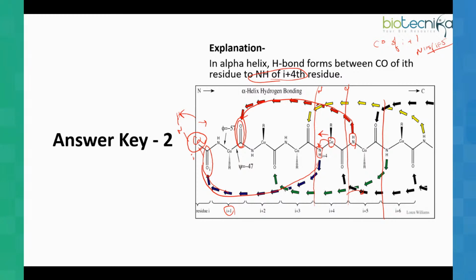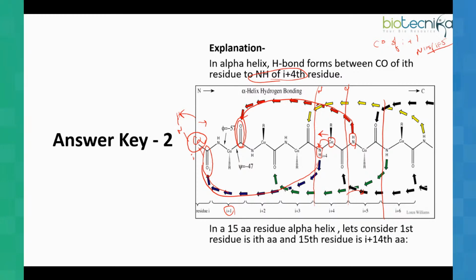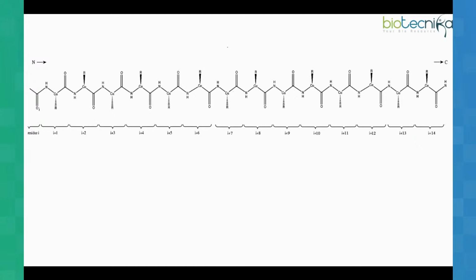So when you have a continuous 15 residue peptide, let's say these are the 15 residues. 15 residues means you can also write as I plus 14. See, for the first 4 CO groups, their bondings will start from the very beginning. But if these 4 NH groups have to bind, if this NH group has to bind, it will need 4 amino acids before it, but it has just 1.